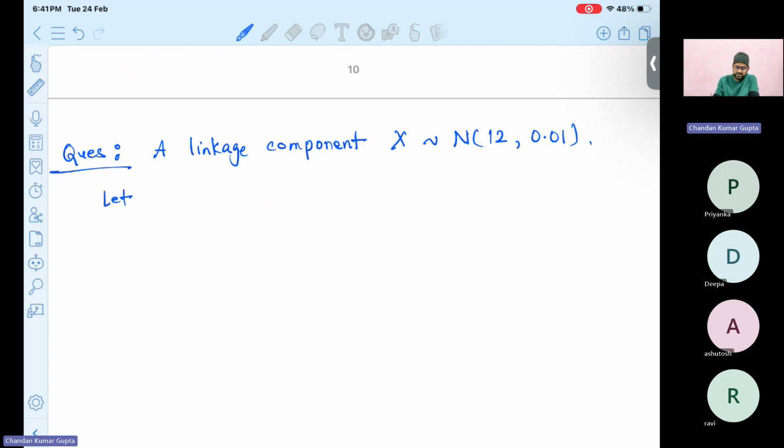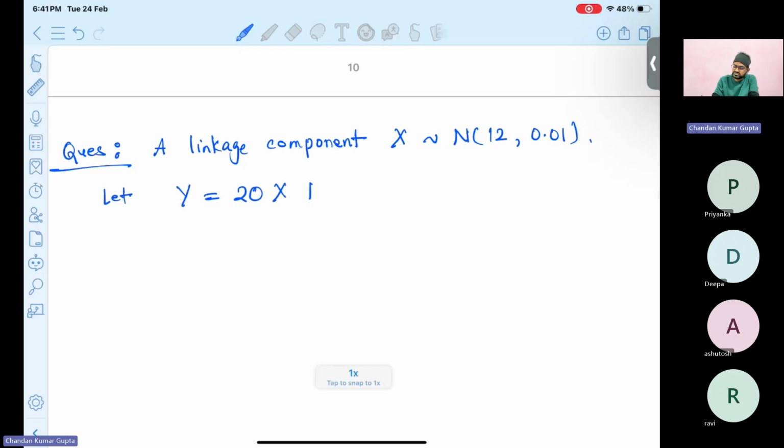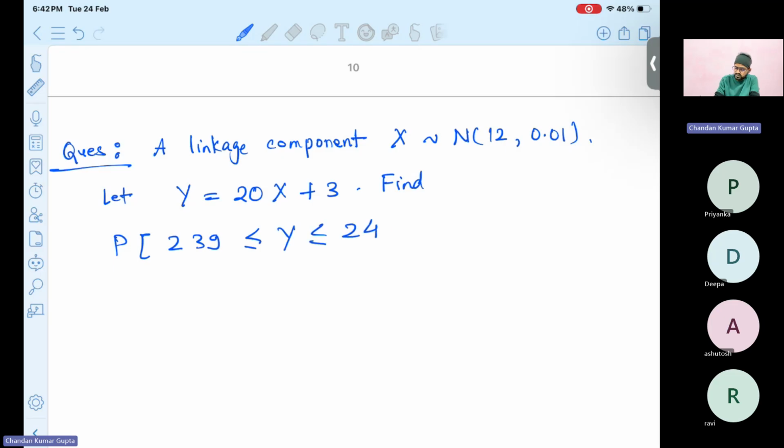Now let Y be transformed from the random variable X as Y equals 20X plus 3. We need to calculate the probability that Y lies between 239 and 241.